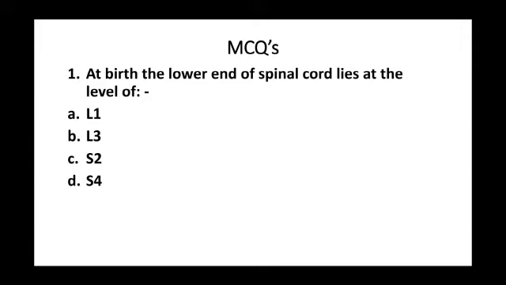Coming to the MCQs. At birth, the lower end of the spinal cord lies at the level of L1, L3, S2 or S4. The answer is B, that is L3.